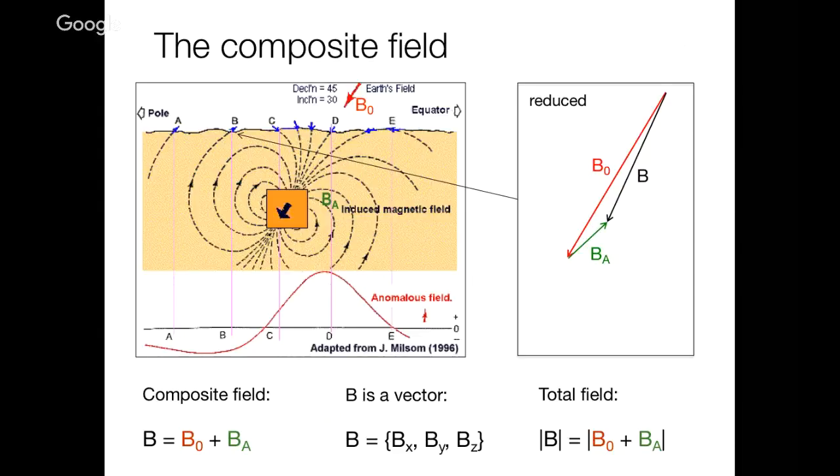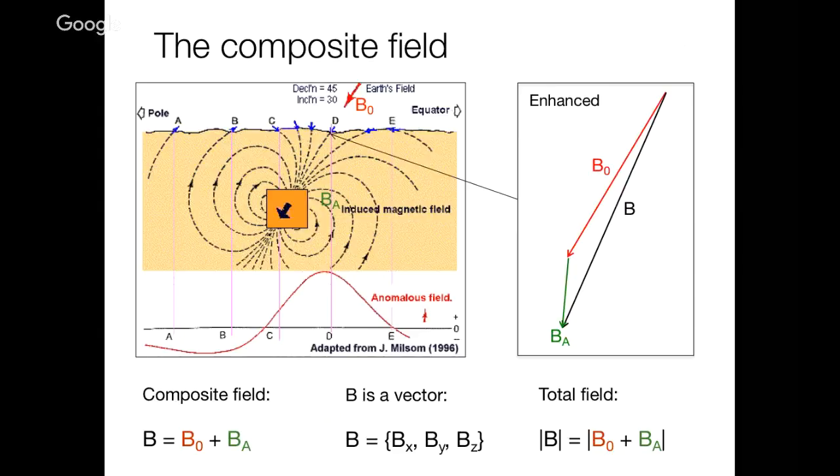And so my anomalous field vector is an arrow pointing up this way. And then I'm going to add the two together, and that's going to be the final value that I have to measure. So this is a vector, this is a vector, and here's my sum.